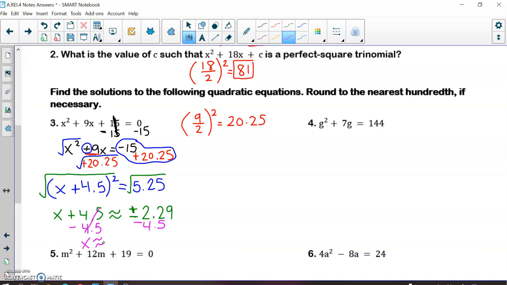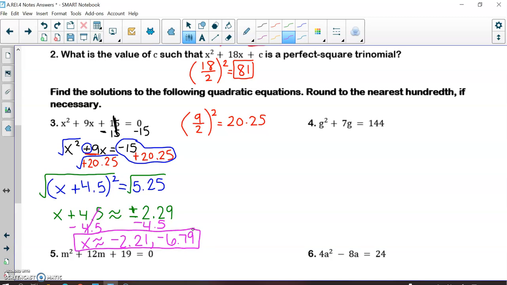But if I do positive 2.29 minus 4.5, that will get me one of my answers. And if I do negative 2.29 minus 4.5, that will give me my other answer. And that is your solution to this quadratic equation.